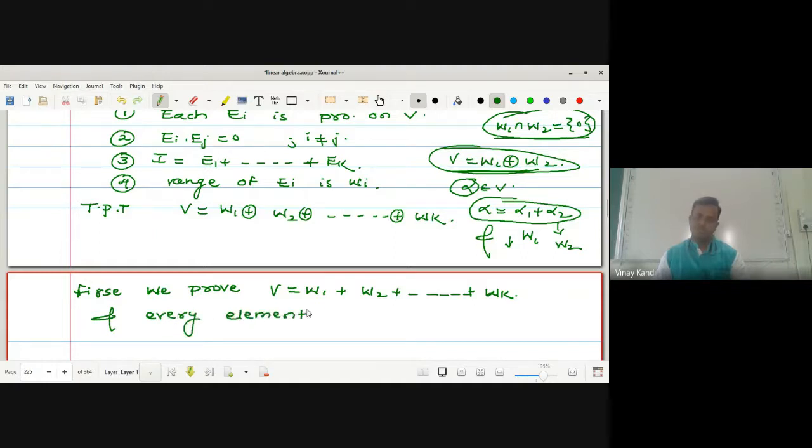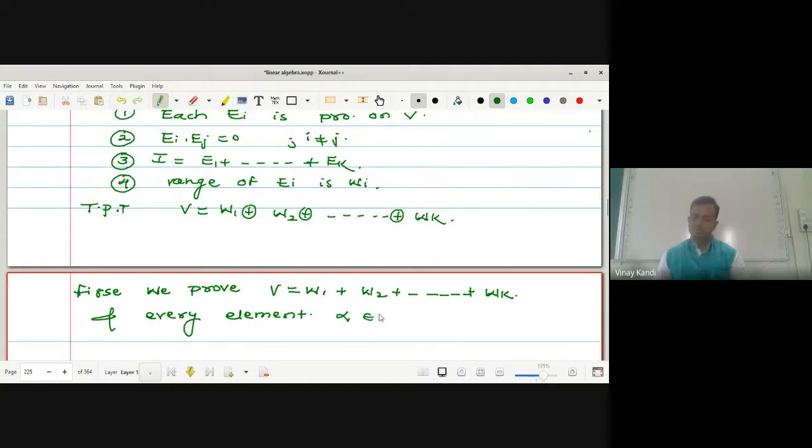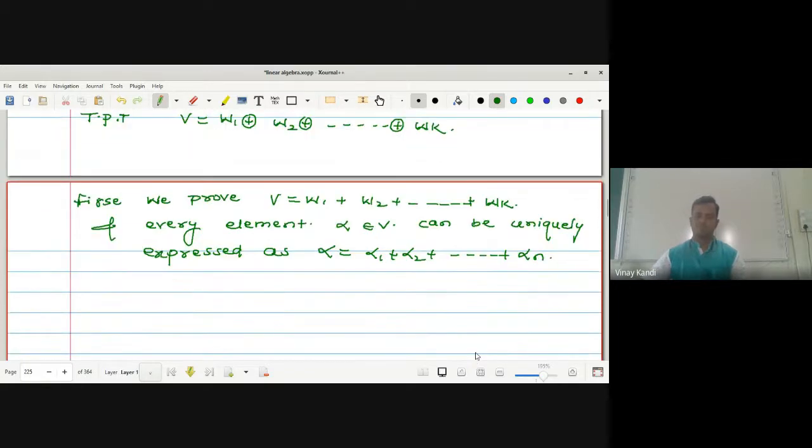Then every element alpha belonging to V can be uniquely expressed as alpha is equal to alpha 1 plus alpha 2 plus up to alpha k. Any doubt up to here? No, sir. Showing the intersection is 0 means the representation of alpha is unique. So first we prove this one, and then that the expression is unique.